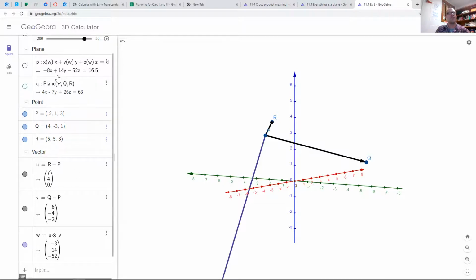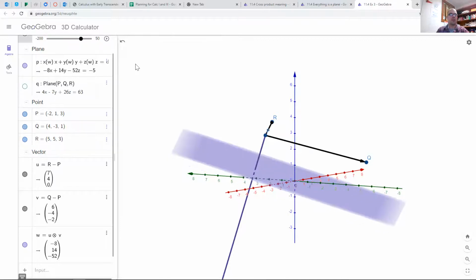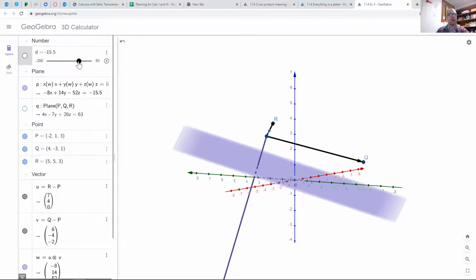But if you take the dot product of an arbitrary vector, x, y, z, with the normal vector that we have here, and set that equal to 0 or just any number, you're going to get a plane. So if I were to set that dot product equal to 0, now that's -5. Good grief, here we go.